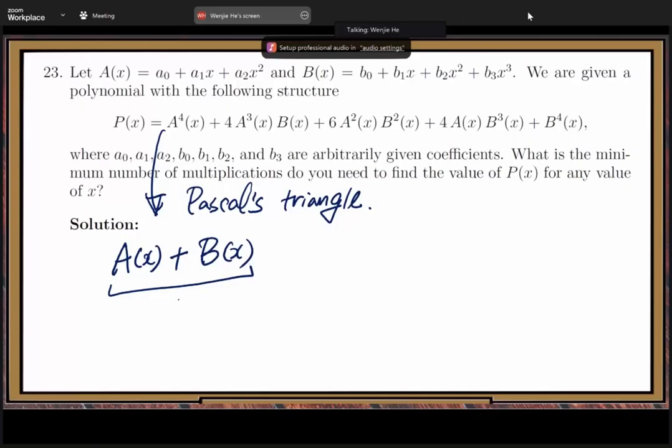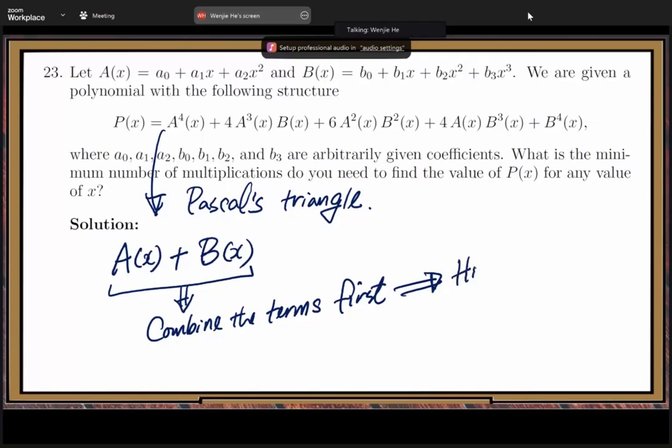When you do the calculation of A of x plus B of x, combine the terms first before you apply Horner's rule, because after you combine terms, then you apply Horner's rule.